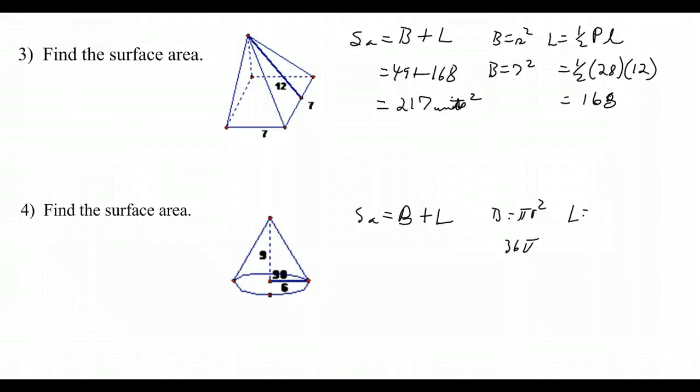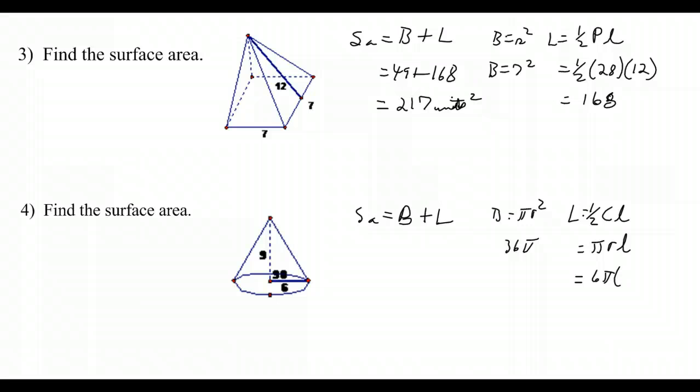My lateral area is 1/2 the circumference times the lateral height. Well, the circumference is 2 pi r, so it just comes out to be pi r L. So in this case, r is 6, so that is 6 pi, and we need to find L.